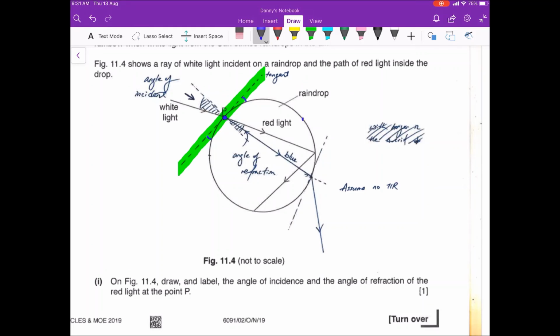If I draw it like that, this is wrong because it cuts the curve at another point. So I have to draw it until it cuts the curve at exactly one point. That is how you draw your tangent. Once you draw a tangent, you can draw a normal, which is 90 degrees from the tangent. Then after that, you can draw the two angles, label them, and you will get the marks.